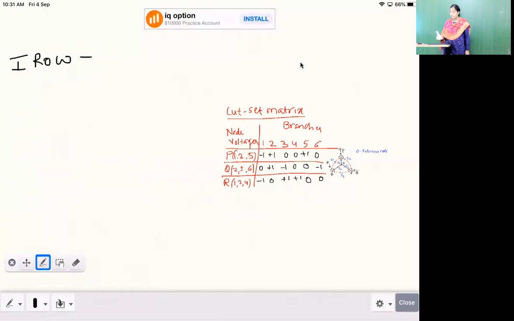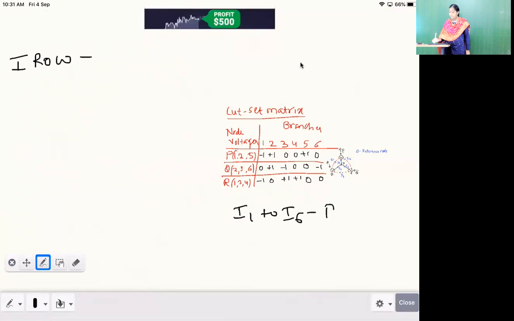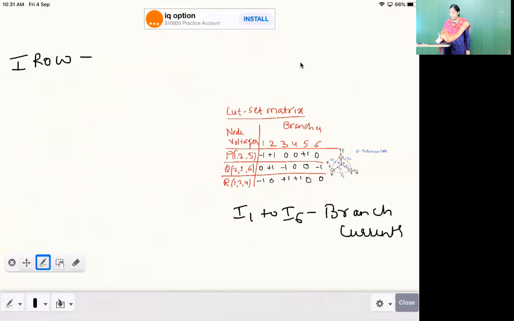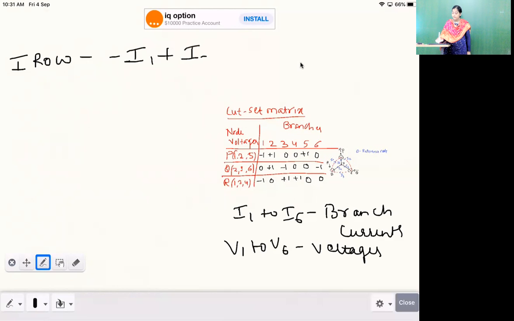The branch currents we will take as I1 to I6. Similarly, V1 to V6 I am considering as branch voltages. Based on that, the first row is -I1 + I2 + I5 = 0. This will be my first equation.